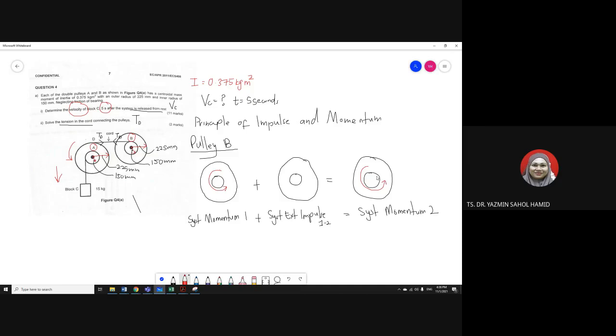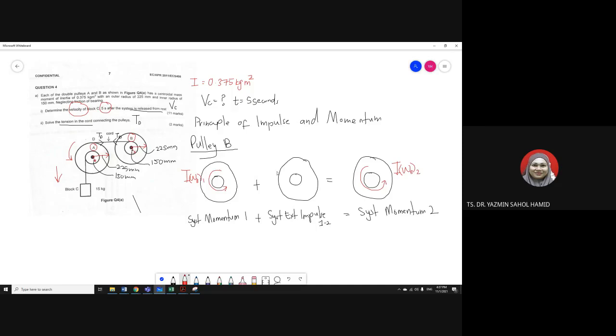And for the rotation, it's going to be I omega, I omega for pulley B. For system momentum 2 as well. And then for the system external impulse, what external forces are involved?